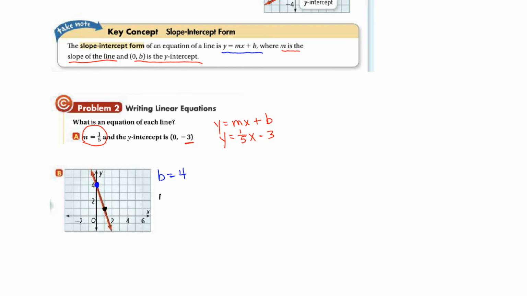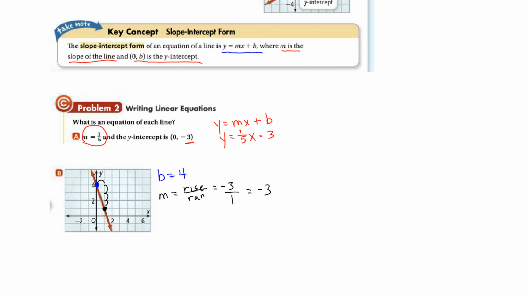If I calculate my slope by doing rise over run, I can tell that I'm rising 1, 2, 3, and I'm running 1 to get to that other point, and the line is falling, so I know that my slope is negative. So I'd have a slope of -3.